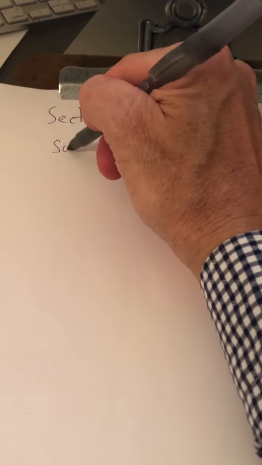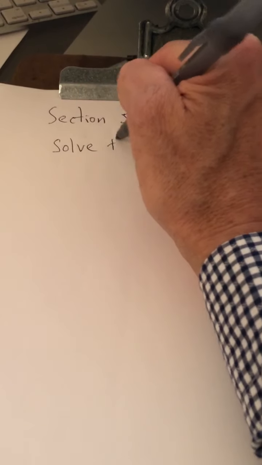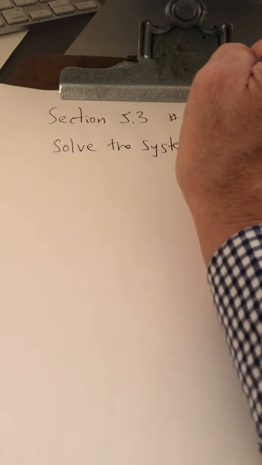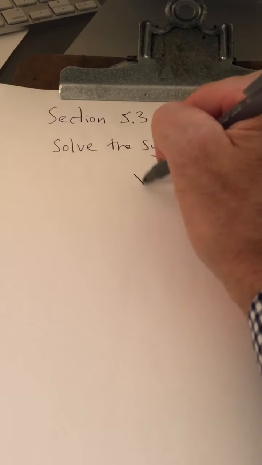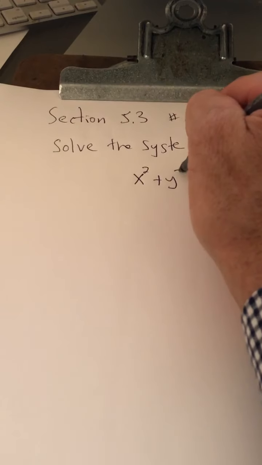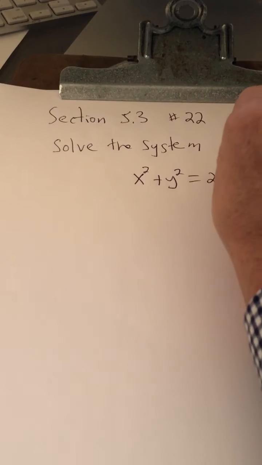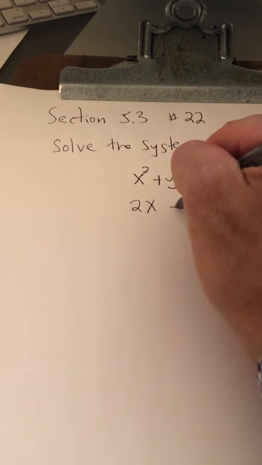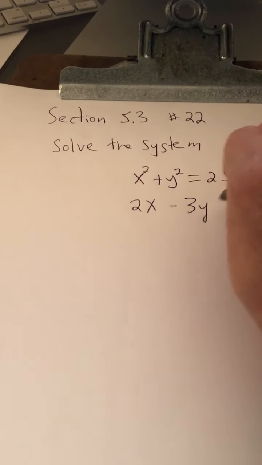We are asked to solve the system x squared plus y squared equals 25, 2x minus 3y equals negative 6.